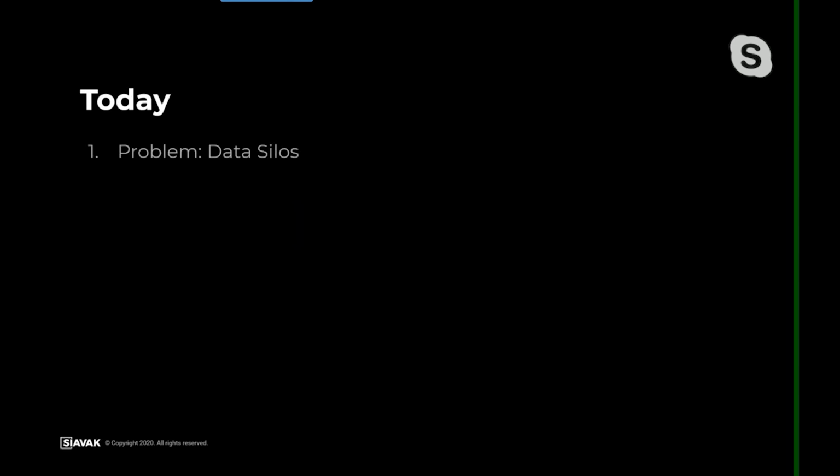Today, I'm first going to introduce you to the problem of data silos and the problem that I had, which forced me to start going on a journey that finally ended up creating data pipelines using BigQuery. Then I'm going to introduce you to the solution, data pipelines, what they are, how we can use them.